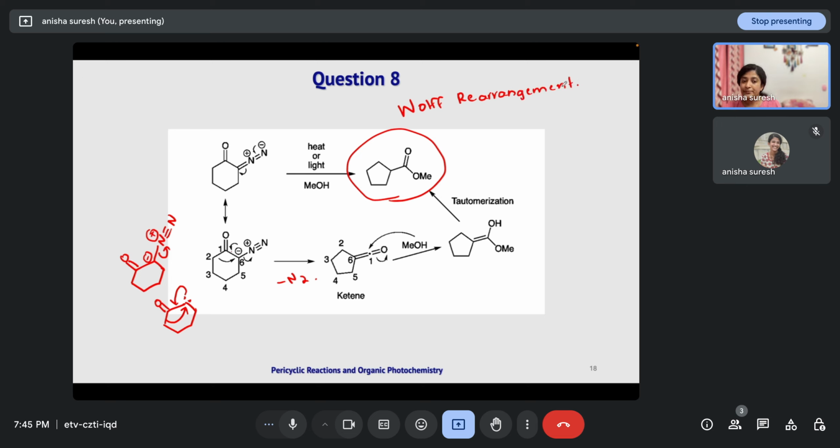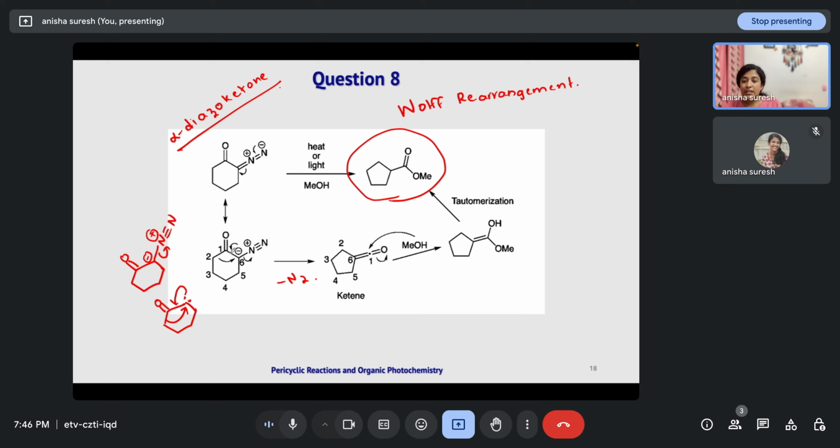Okay. So first, this is the alpha diazoketone. Alpha diazoketone is getting converted into a ketene either through a concerted mechanism like this, or through formation of a carbene and then rearrangement resulting in the formation of the ketene. So first the diazoketone can be redrawn in this fashion.